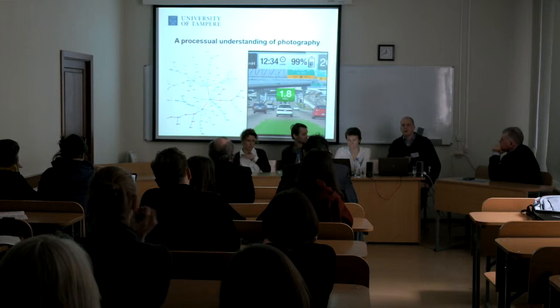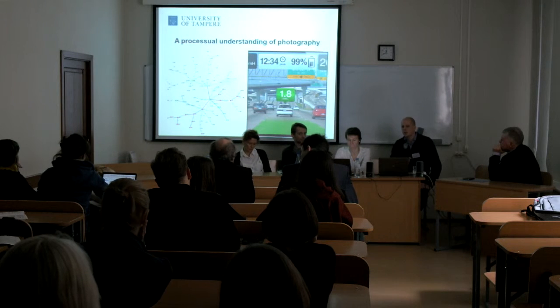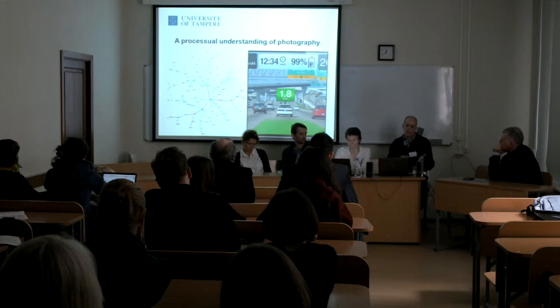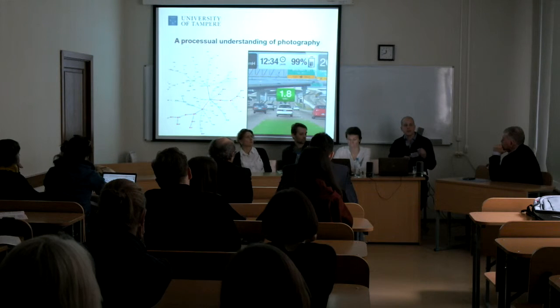And there's a very good argument made by Jens Schröter, who's a professor for media studies at the University of Bonn, who has looked at scientific imaging practices and claims that if you look at scientific imaging, for example, in physics or in other so-called hard sciences, the fact that the images are manipulated is a guarantee for their authenticity.